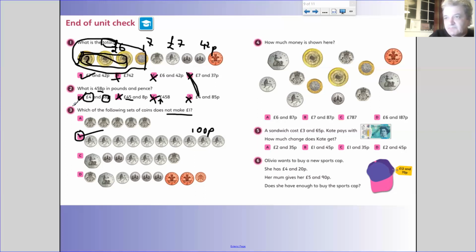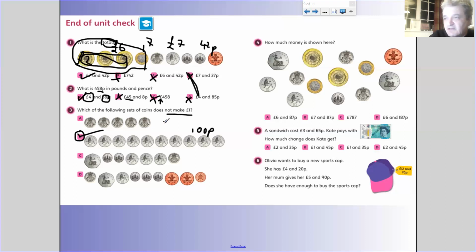Circle that. Okay, here, recognize the coin first, it is the 20p. So we're counting in 20s. 20, 40, 60, 80, 100. This coin is a 20p piece. 20 pence, 40 pence, 60 pence, 80 pence, 100 pence.